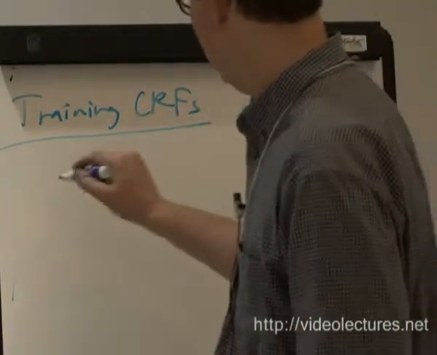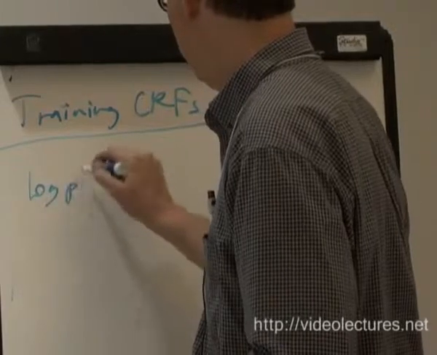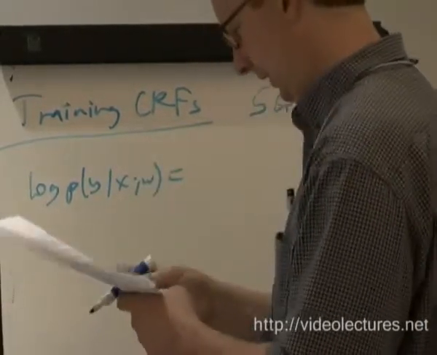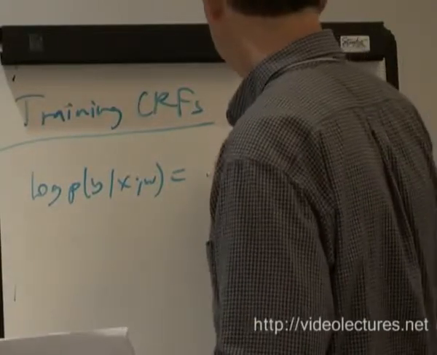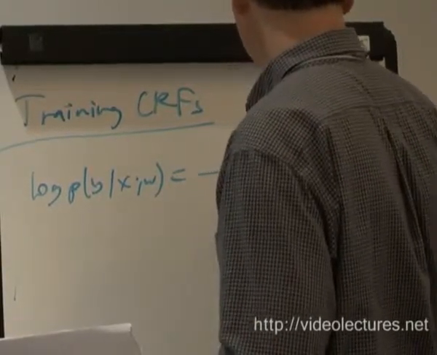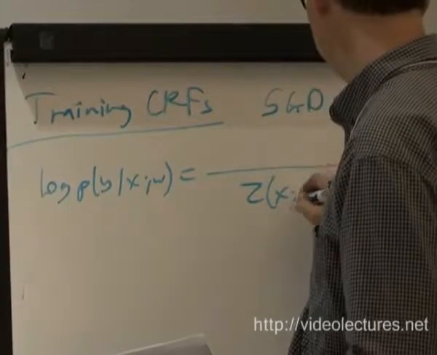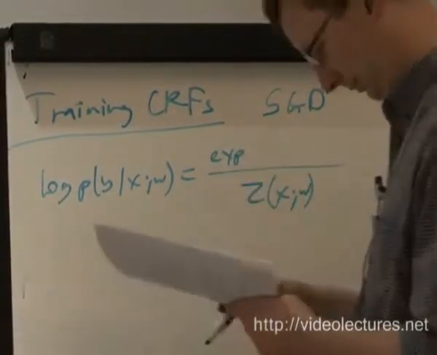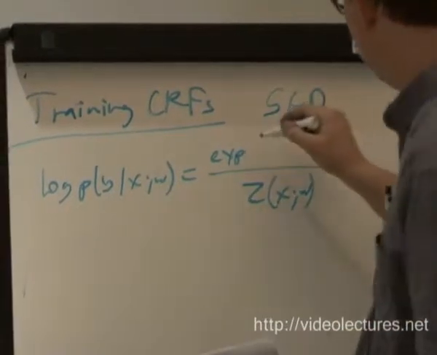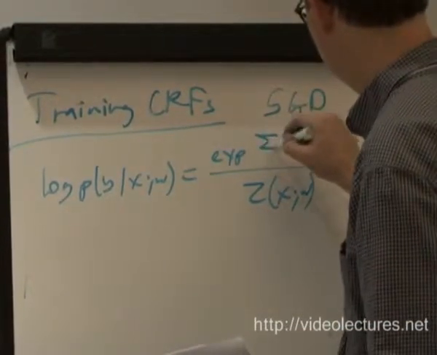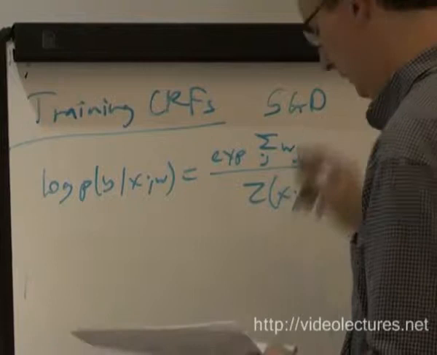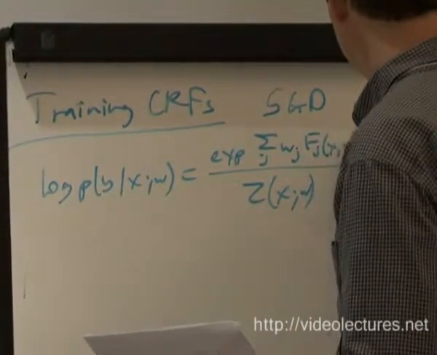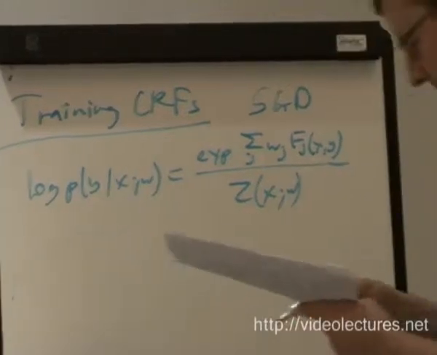So the model is that log p of y given xw is, we have the normalization constant, and then exp sum over j wj fj xy.